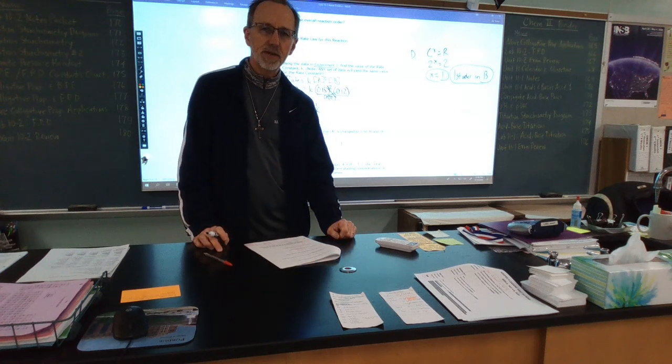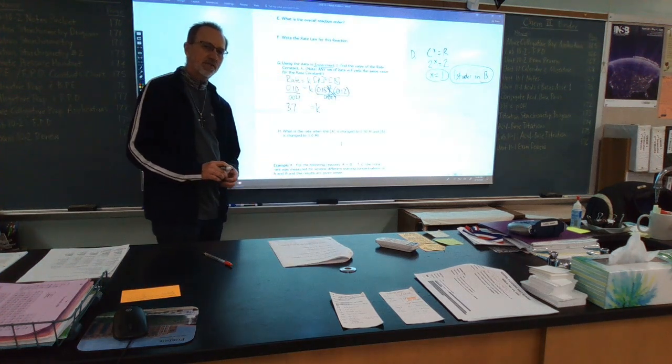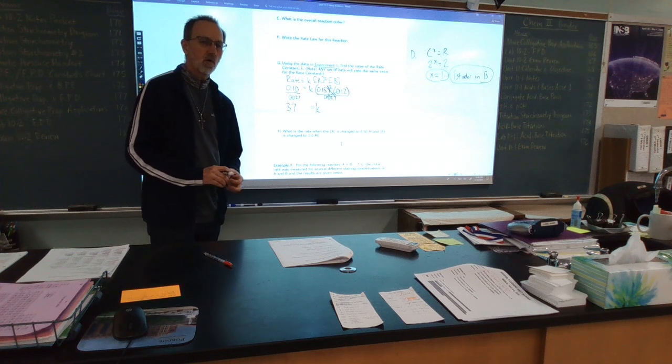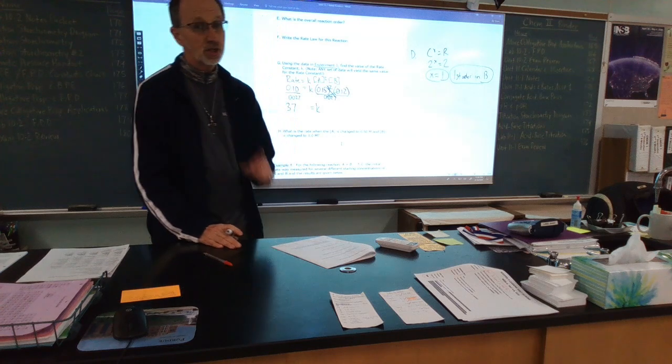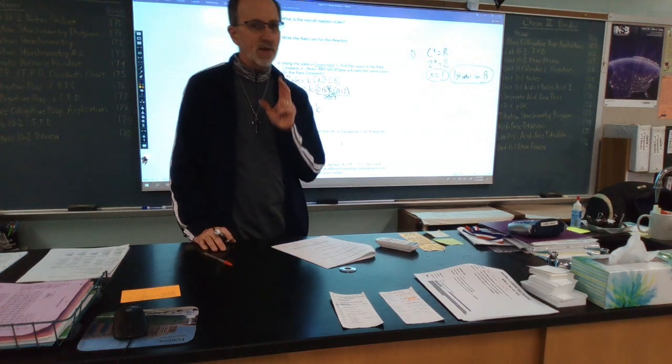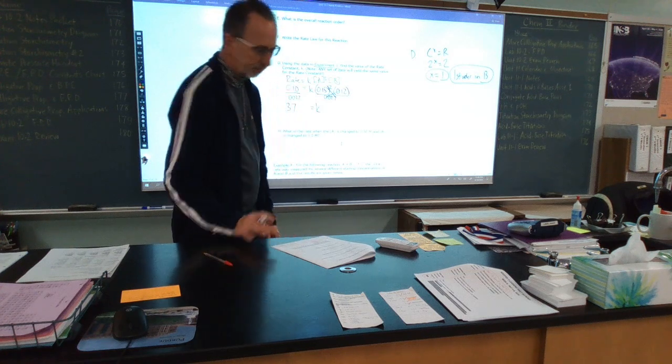We're going to determine what that unit is right now, because it is going to vary according to what overall reaction order it is. And I'm going to show you how we do that. I'm going to show you how you actually determine it, and then I'm going to give you a shortcut. Okay?